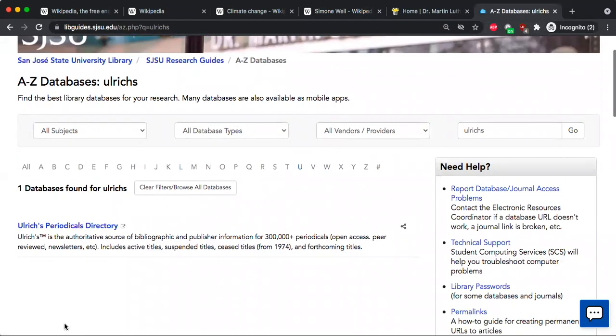I have a video on this in the same series, and you can, by watching, find out what this database can do for you in terms of ensuring that an article, no matter where you found it, even on Wikipedia, is peer-reviewed or not.